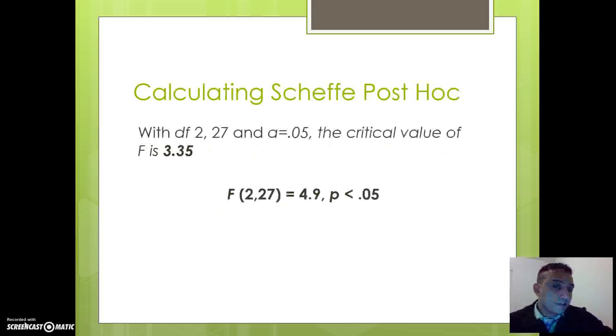Now, with degrees of freedom 2 and 27, and the alpha level here is 0.05. In some cases in your research you have a very conservative alpha level depending on what you're doing and your major. So the critical value of F is 3.35. How we calculated this, let me show you.